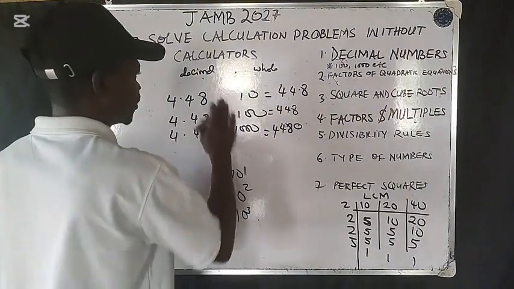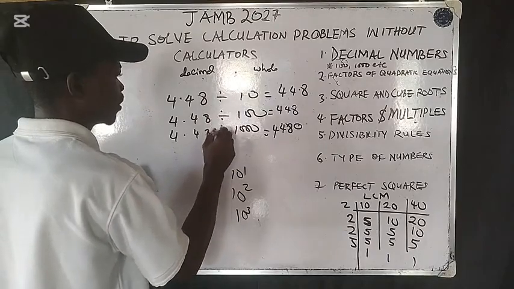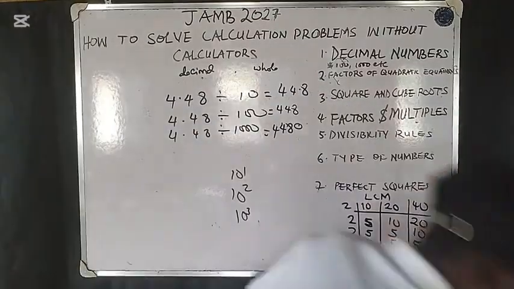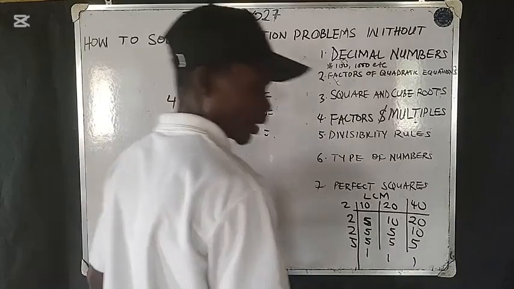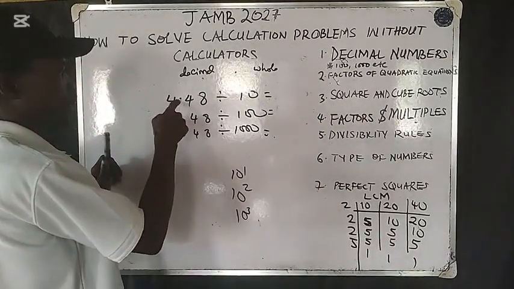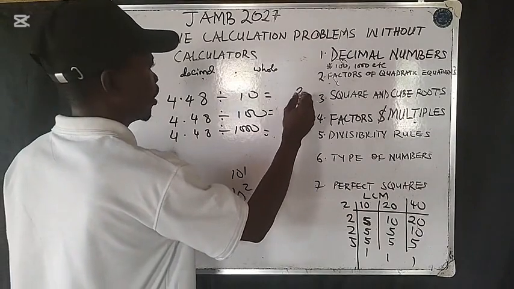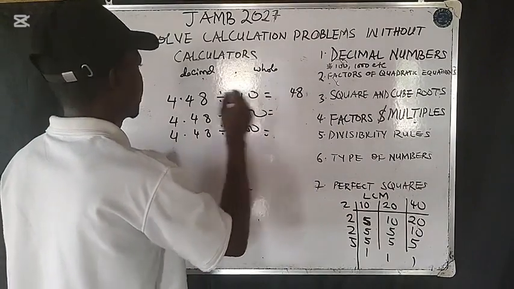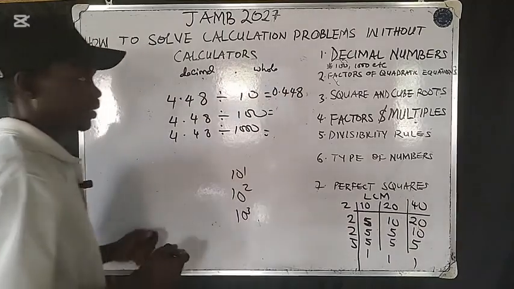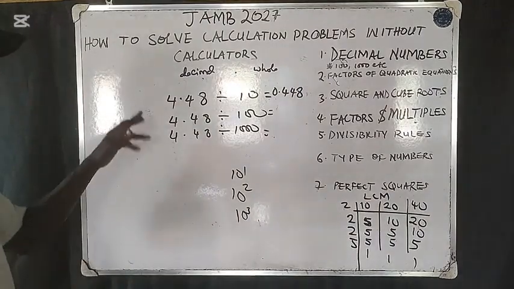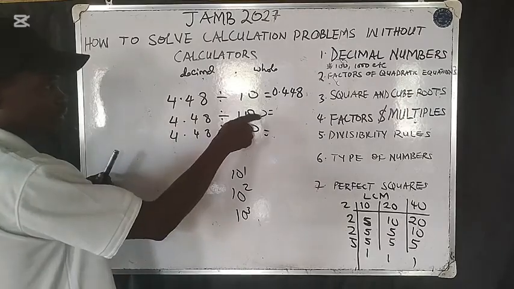Let's say we are dividing. We are dividing by a base 10 number, right? If we divide, we are moving the decimal to the left. So it will become 0.48. We are moving the decimal to the left if we are dividing, right? Here, the decimal will move 2 times, 1, 2.